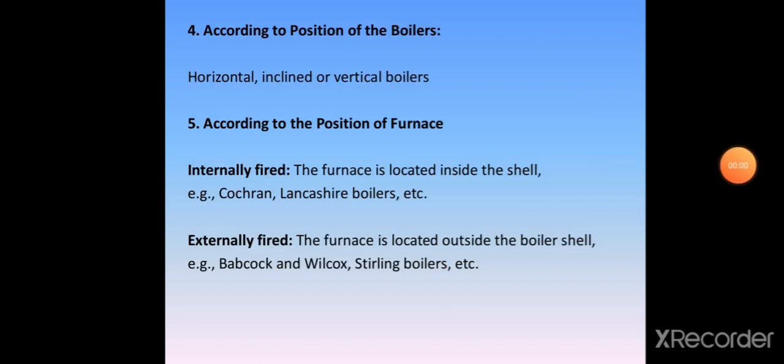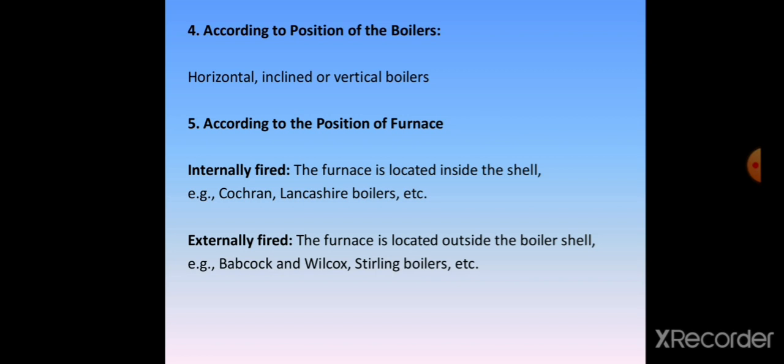The next classification is based on the position of boilers, and the positions are horizontal, inclined, or vertical. When the available space is on the horizontal plane, the boiler expands along the horizontal axis, and these types of boilers are known as horizontal axis boilers.